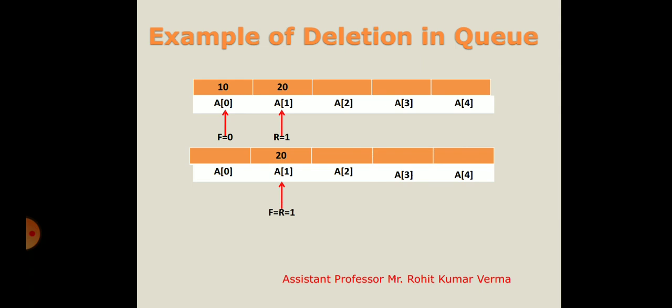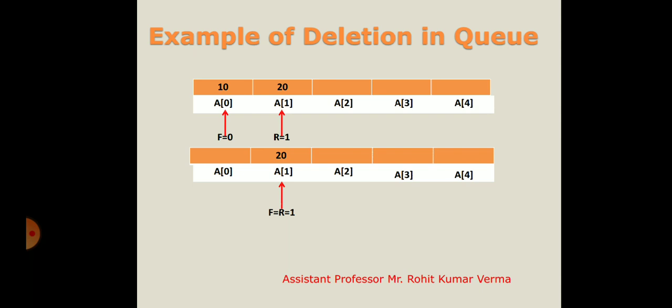I think this is clear. Now I want to delete the element 10. So in the second Q you can see whenever we perform the deletion operation, we have to set our focus on the front pointer.